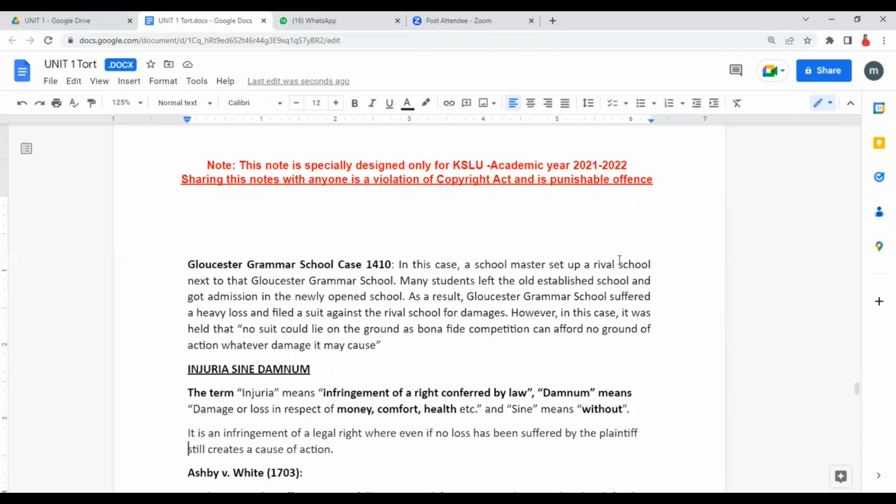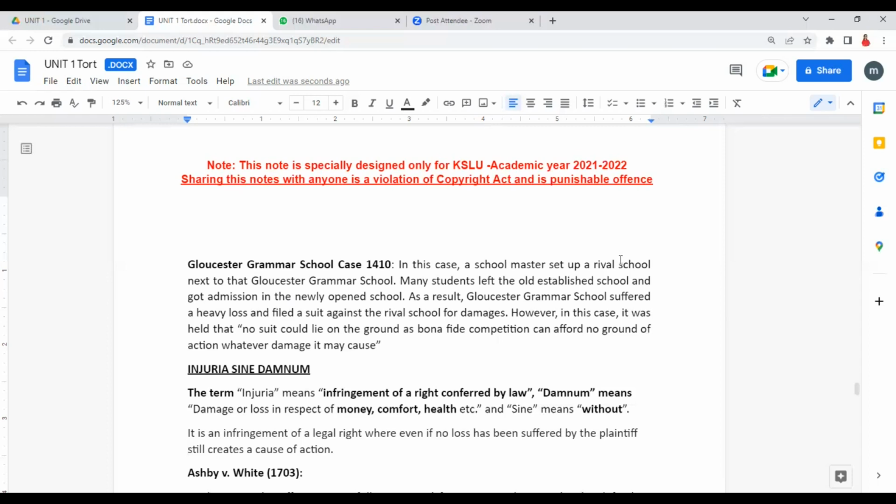Because students used to like him, a lot of students moved from the previous school to the new school. They took admission in the newly opened school, which was opened by the schoolmaster. As a result, what happened? Gloucester Grammar School had to suffer heavy loss because half of their students had gone to the new school, and to retain whoever was remaining, they had to reduce the school fee.